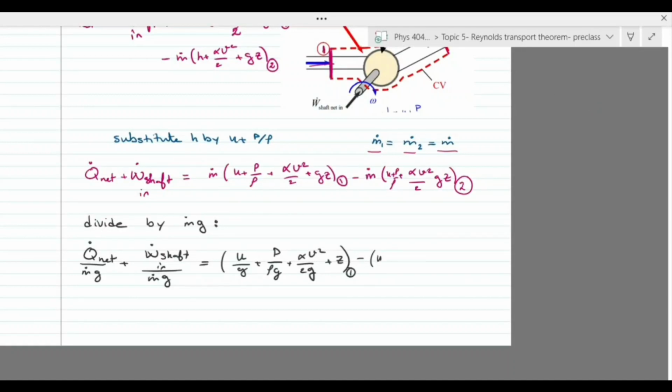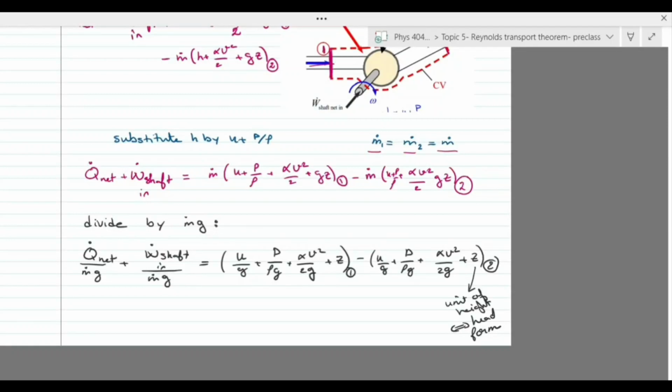So this becomes U over g plus P over rho g plus alpha V squared over 2g plus z over my outlet. You can see how now each term actually has the unit of height, which means I have this head form of my energy equation.